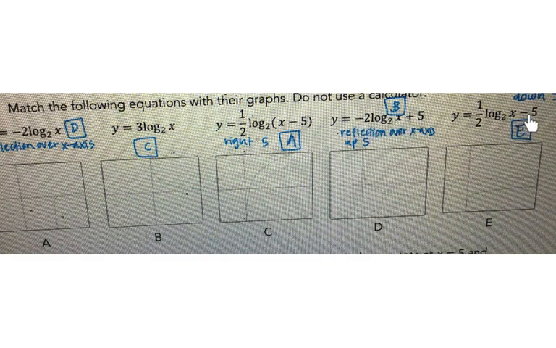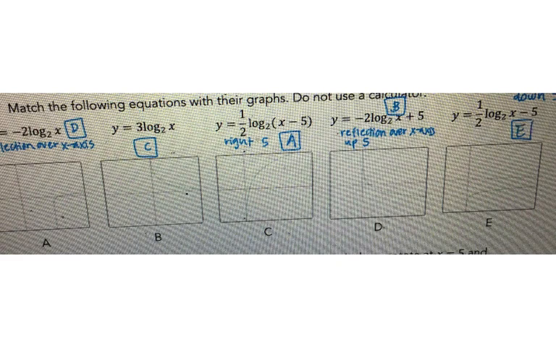Here we're shifting the graph down 5. So again, if I go up 5 and reflect it, this one should be B. I see how the x-intercept used to be here 1, 0. I can see I moved that up 5 roughly, and it's reflected going the other way. So this one's B.